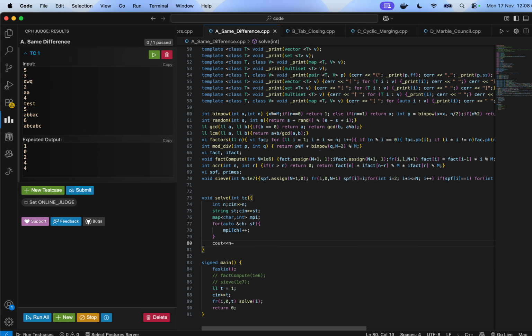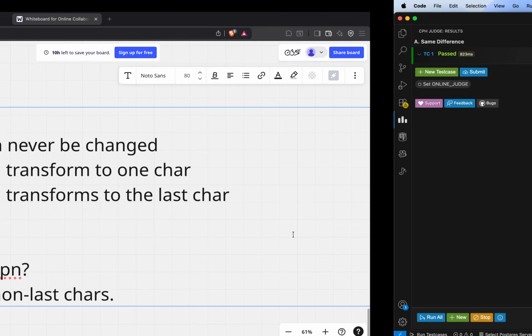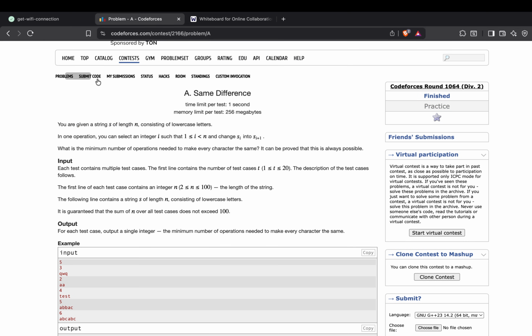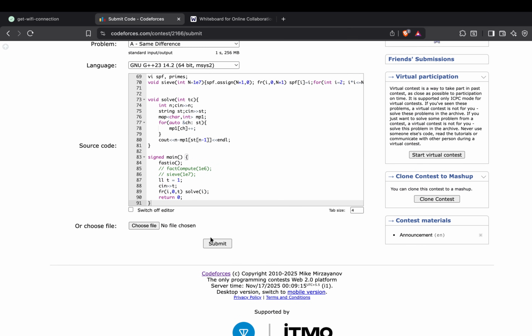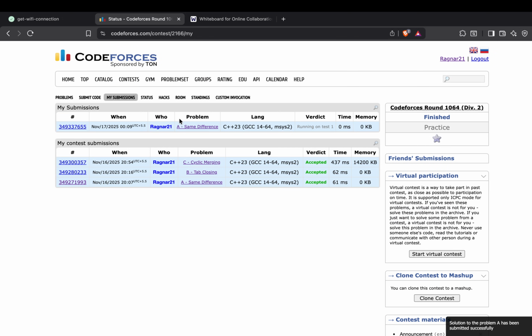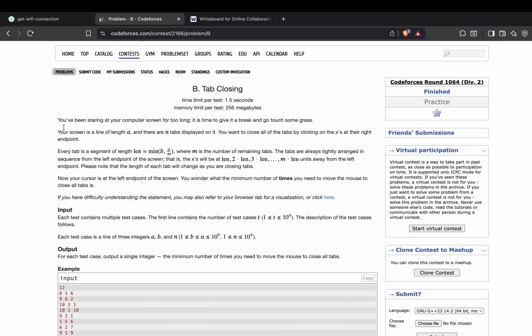We need to print n minus, okay, frequency of non-last characters is equal to total minus frequency of last character. This gets our mission accepted. Let's move to the next question.